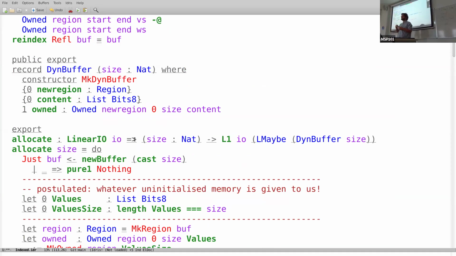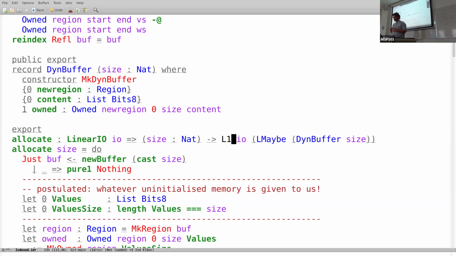And so you can say that some IO operations are linear in the argument and so on. What this is saying is that whatever we return, we only have one copy. Whereas if you use the L without restriction, then you are allowed to duplicate the results. And there's also an L0 where you return something that is there at compile time for invariant traffic that will not be available at runtime.